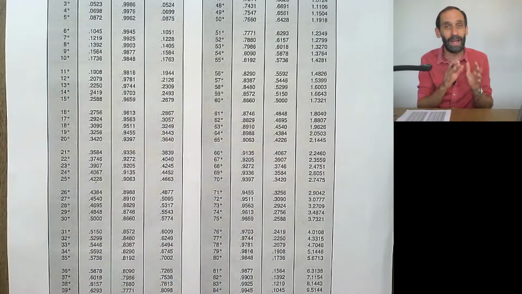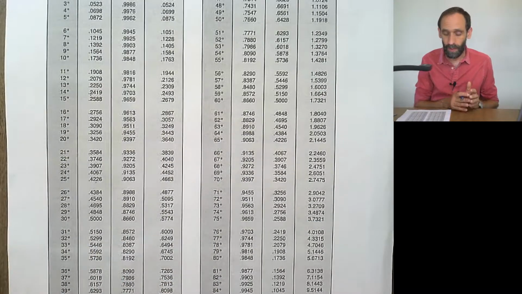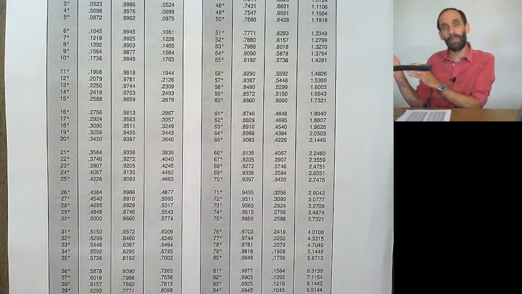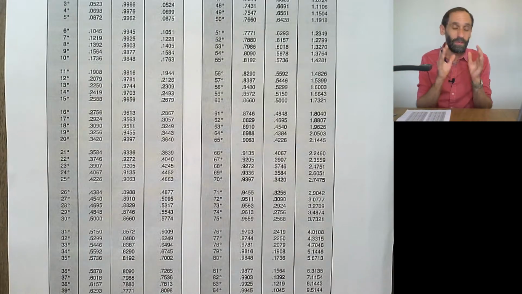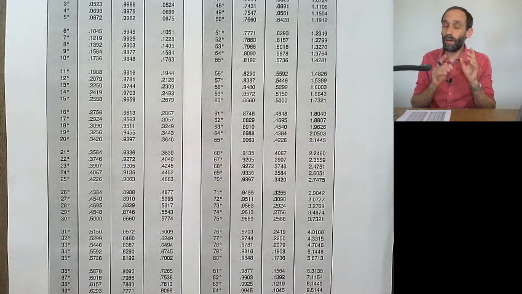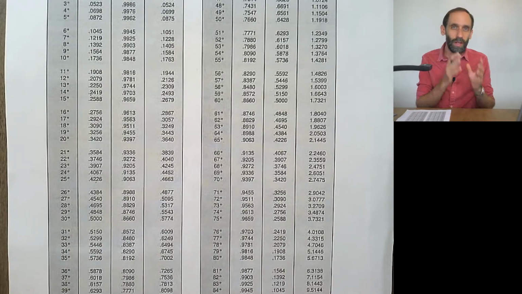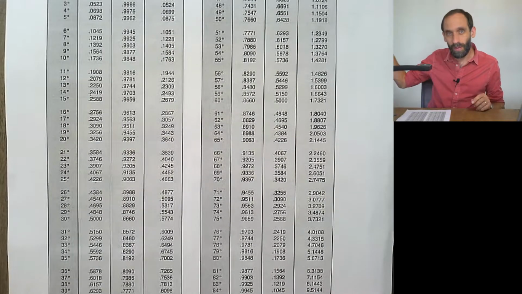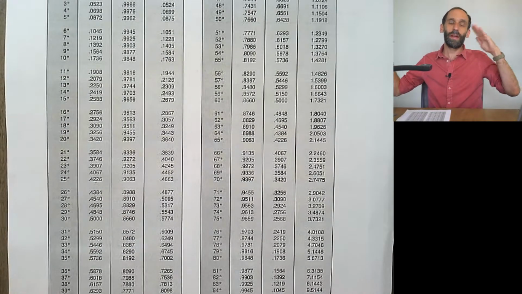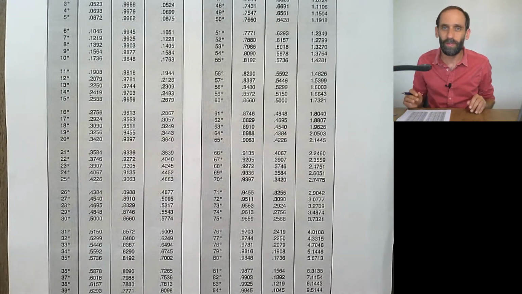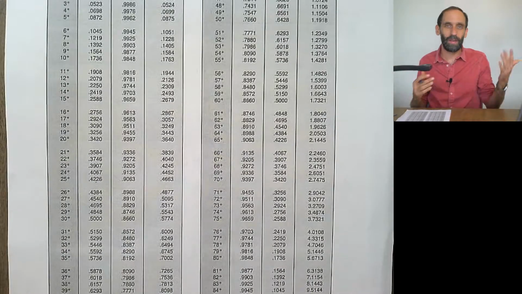That means that for any right triangle where one of the angles is 30 degrees, the ratio of the side opposite the 30-degree angle to the hypotenuse is always 1/2. The opposite side is always half the length of the hypotenuse.